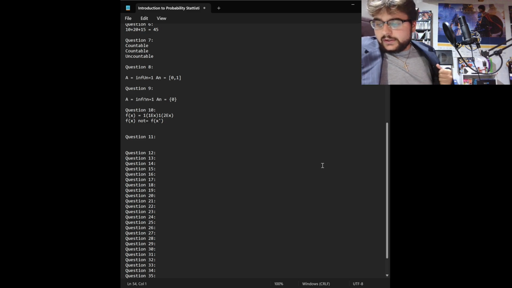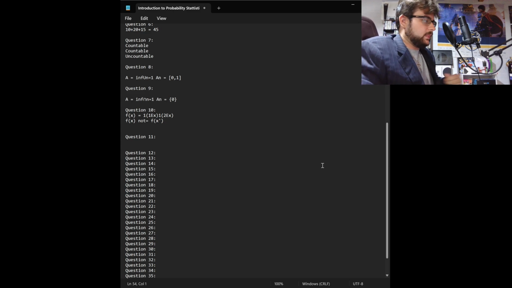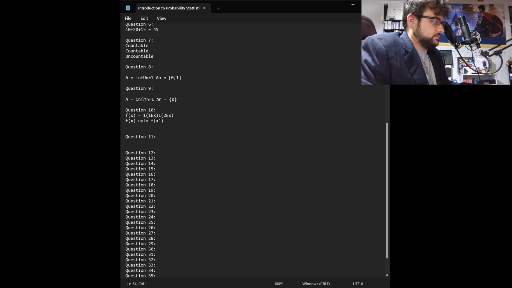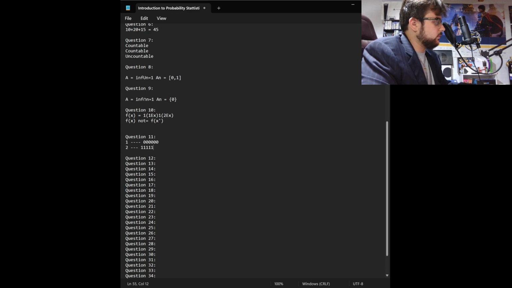Alright, problem 11. Show that the set of 0, 1 is uncountable, that is, you can never provide a list form. Now, this one's pretty easy. Once again, it's a bijective mapping. So suppose that the first few mappings are like 1 arrow 0, 0, 0, 0, and then 2 arrow 1, 1, 1, 1, 1, something like that.